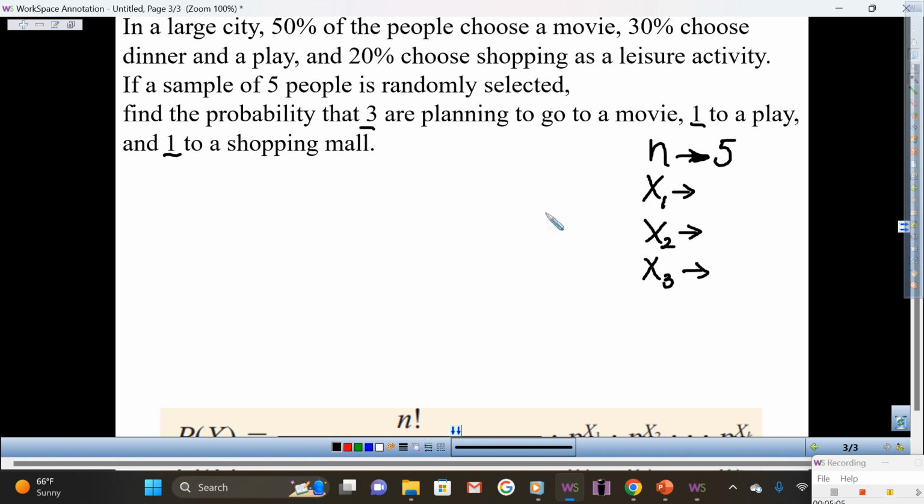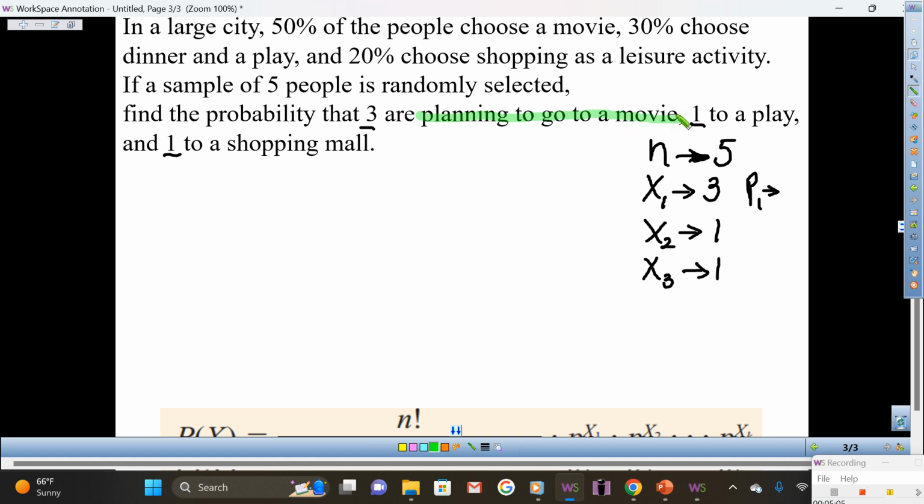All right. So for the first one, they're asking us probability of 3 planning to go to the movie. 3. 1 to a play. And 1 to the shopping mall. With each of those, we have to write the corresponding probability. I'm going to highlight this one: probability of 3 planning to go to the movie.